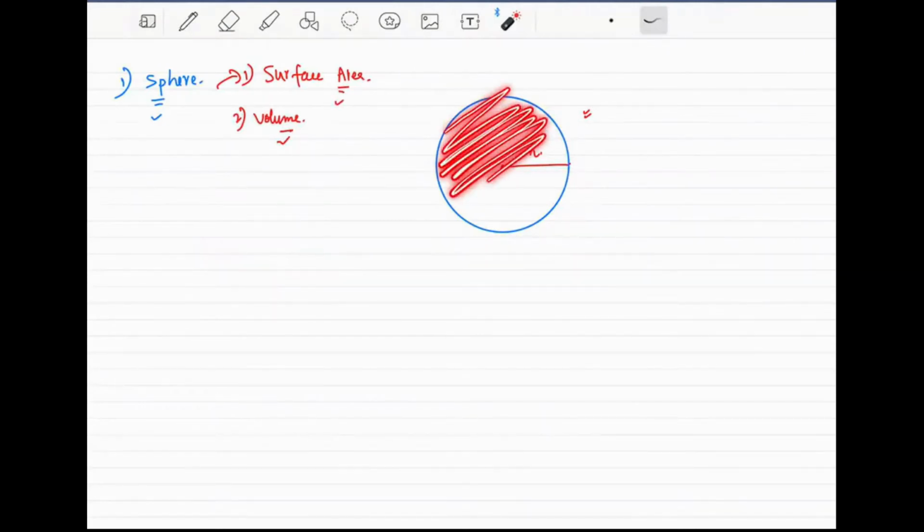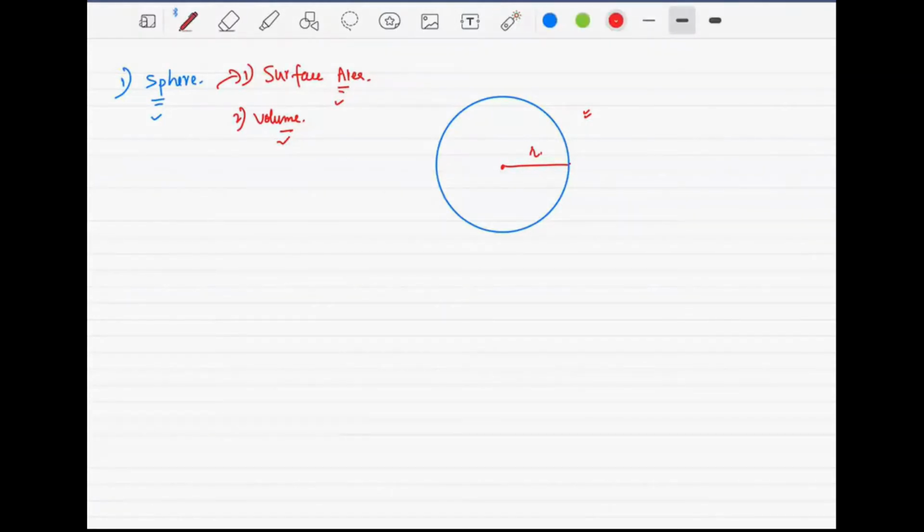Not this area, this is a circle, so this area doesn't exist anymore. How much does the surface of the bowl occupy? How much is the area of the surface? That is called the surface area. The surface area has a specific formula, and the formula is 4 pi r square. So here, you know its radius.